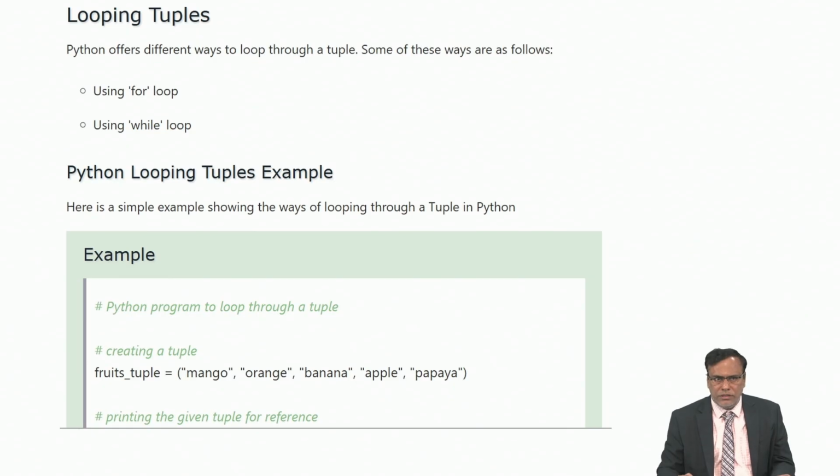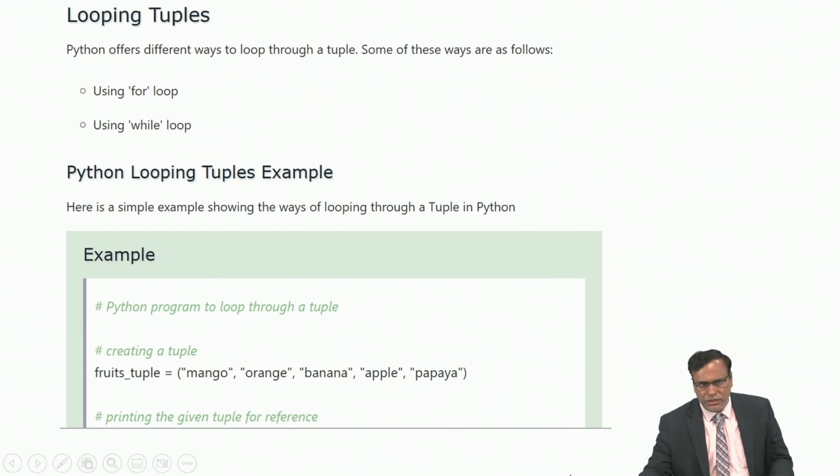And looping. To iterate over the tuple, you know the common thing between list and tuple is that the elements of both are ordered, and the distinct difference is that lists are mutable and tuples are immutable.